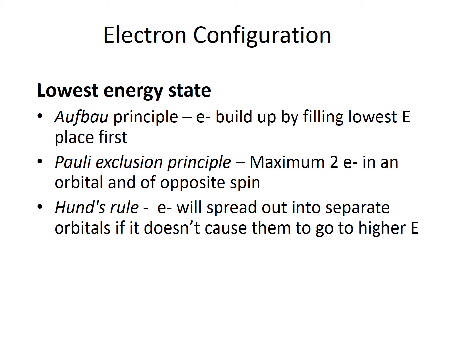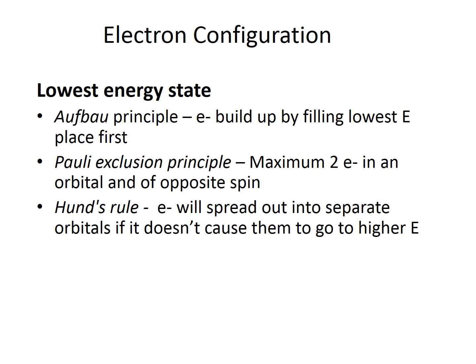Electron configuration comes by building the electrons up from the lowest possible place and then filling it up higher. That's called the Aufbau principle. The Pauli exclusion principle is that you can only have 2 electrons in any orbital maximum, and that when they occupy the same orbital, they have to have opposite spin.